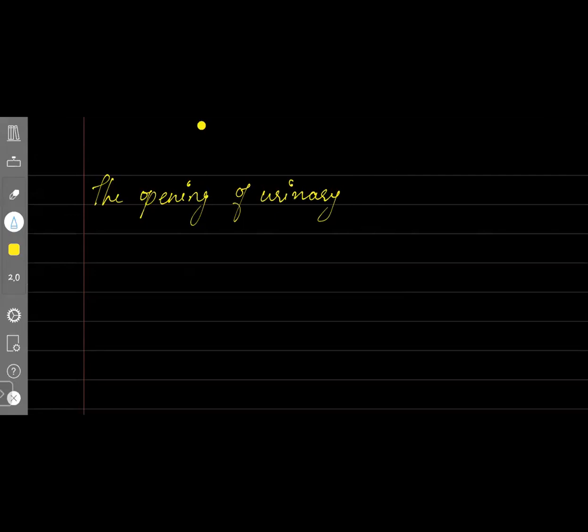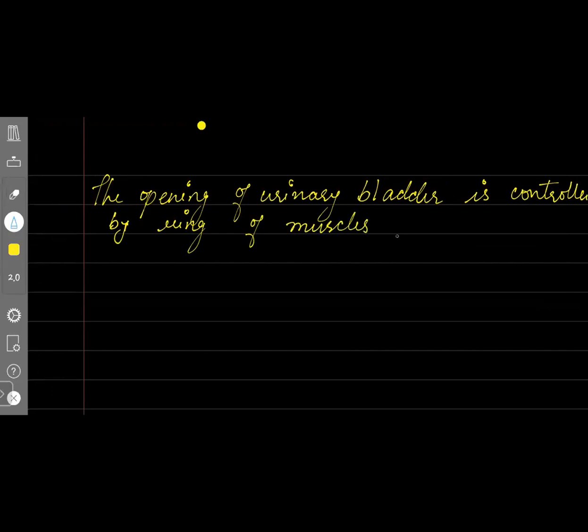The urinary bladder is controlled by a ring of muscles called the sphincter muscle.